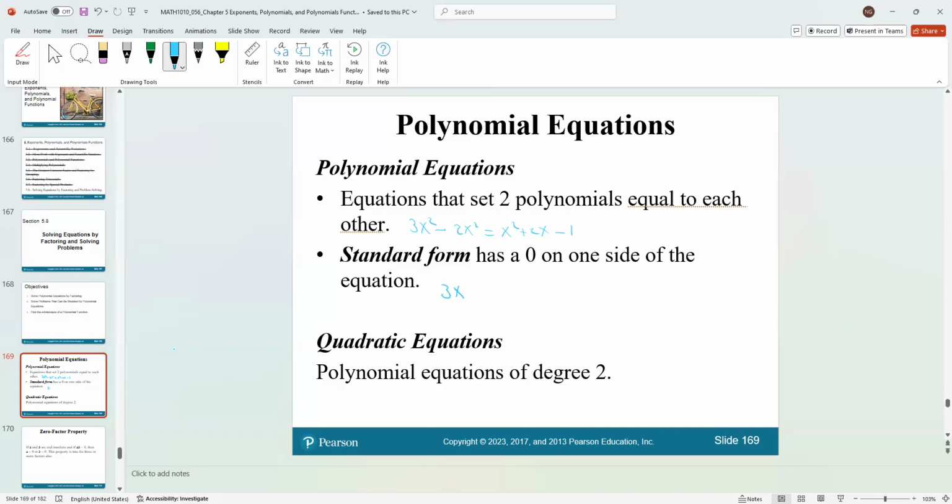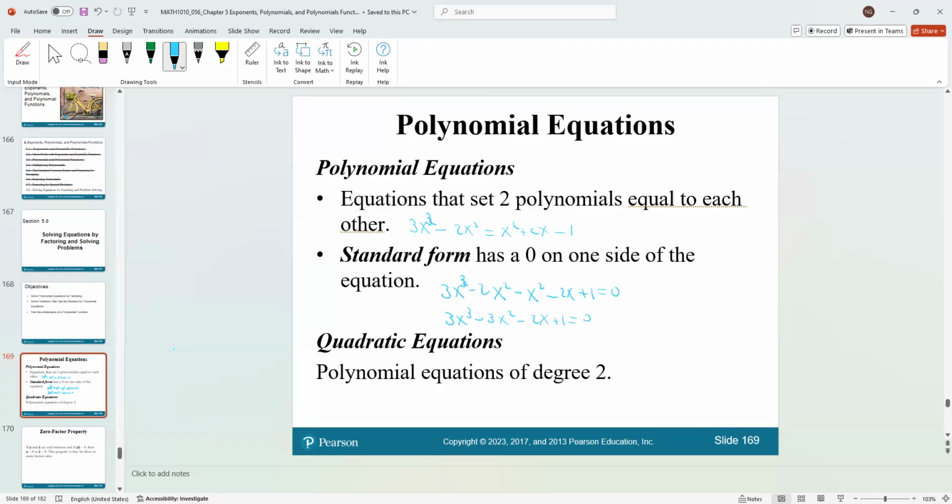For example, if I have 3x cubed minus 2x squared, and I bring the other terms to this side, plus 1, equal to 0. If I simplify 3x cubed minus 3x squared minus 2x plus 1 equal to 0, at this point the equation is in standard form.